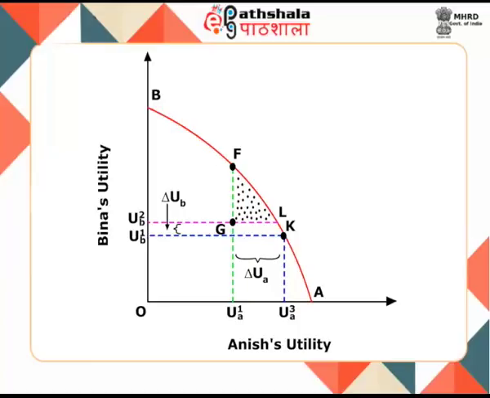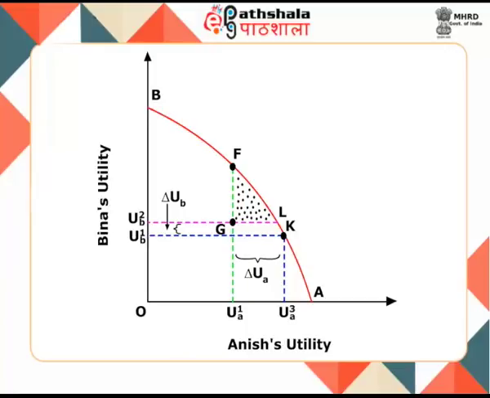Similarly, for all the points below the curve AB, there is a possibility of Pareto improvement. But for all the points on this curve AB, we can't increase the utility of either Anish or Bina without decreasing the utility of others.